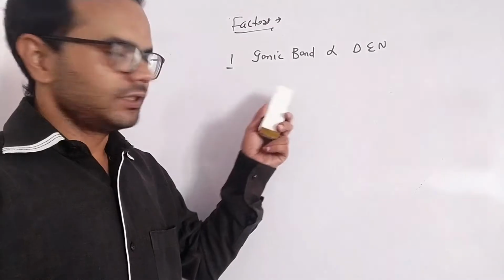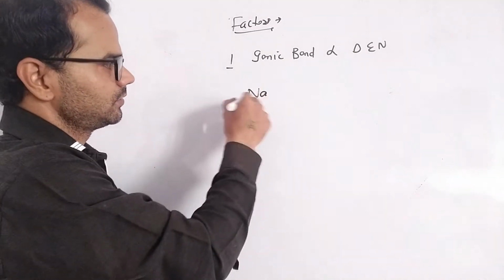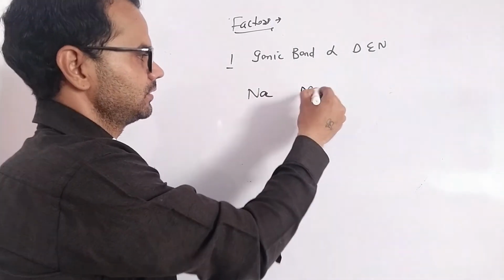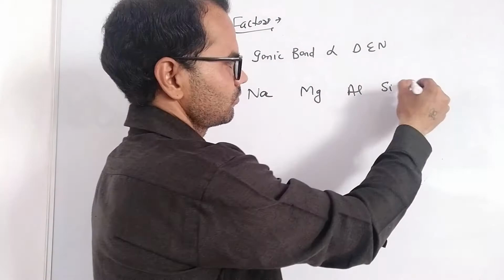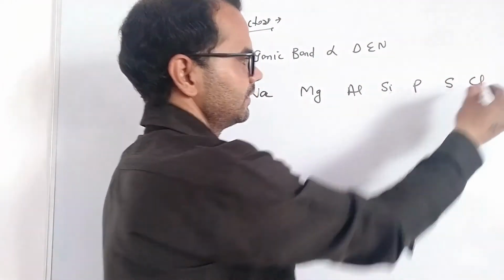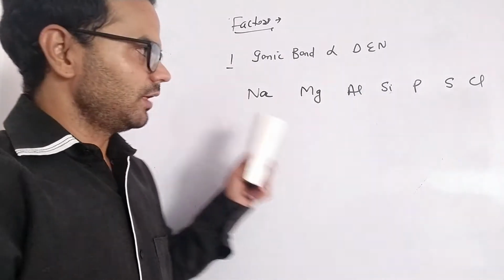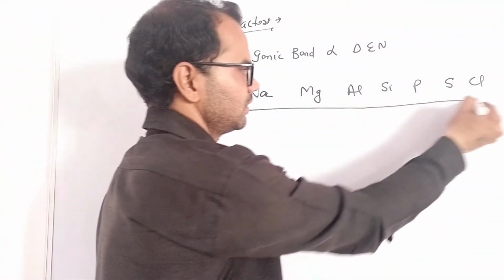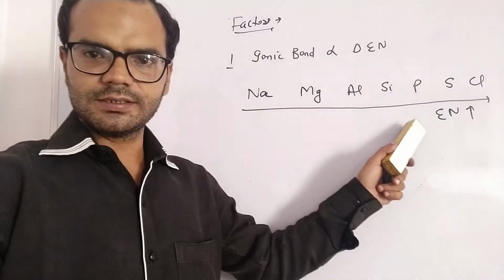Let us understand it with an example. For example, we have the members of a period: sodium, magnesium, aluminium, silicon, phosphorus, sulfur, and chlorine. These are the members of a period, and in a period, electronegativity increases.